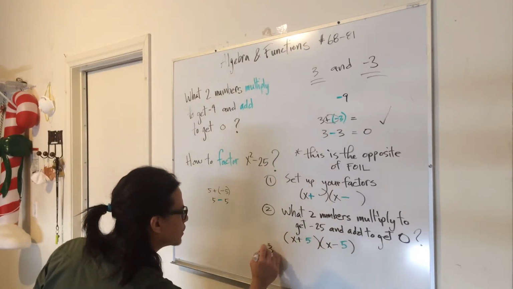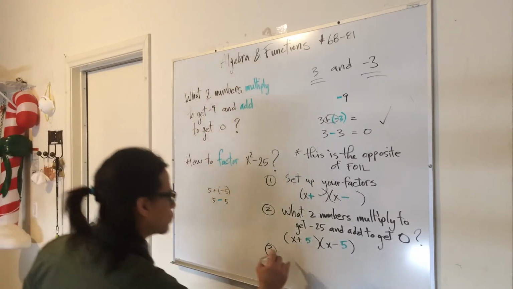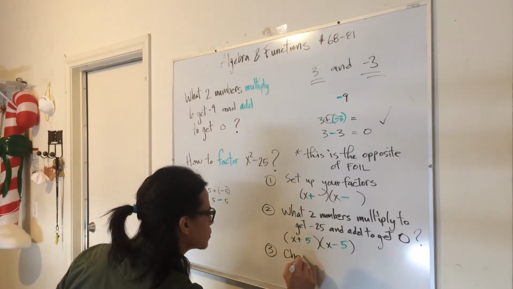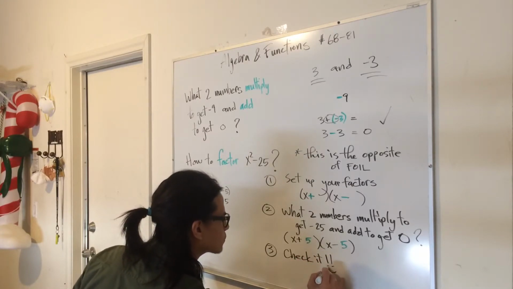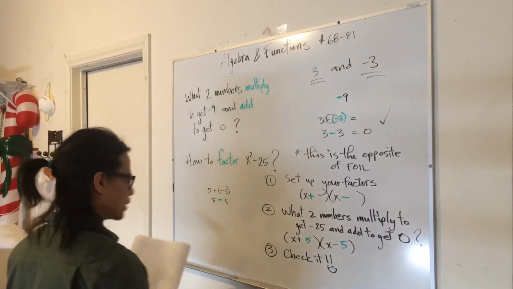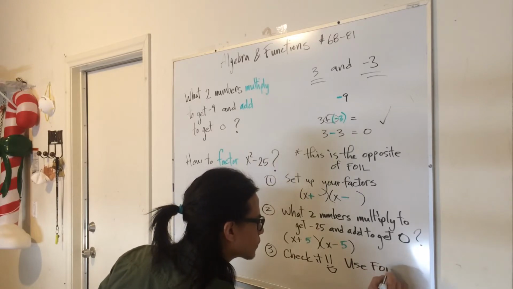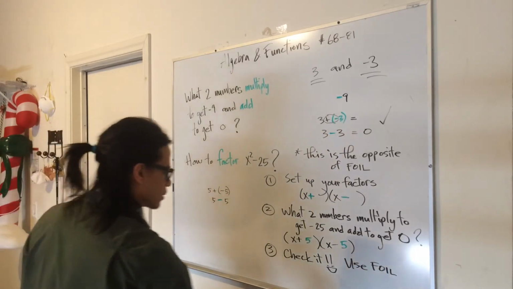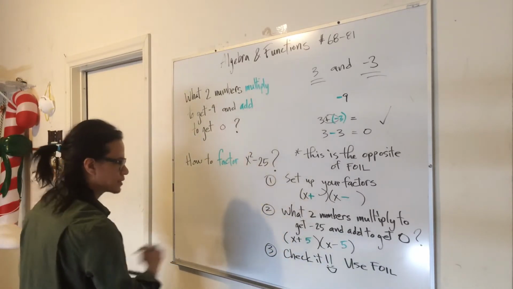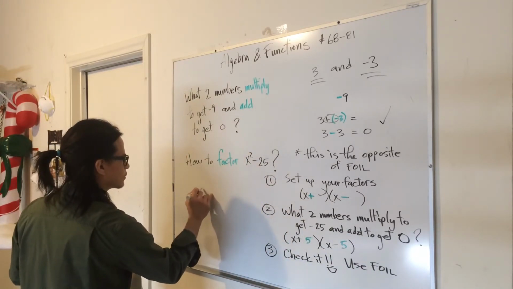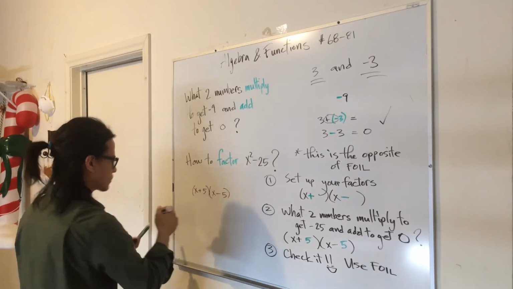So now we can go on to step 3, where we'll just check, just to be sure. So let's check our work here. Let's use FOIL for this. FOIL is first, outer, inner, and last. x plus 5, x minus 5.